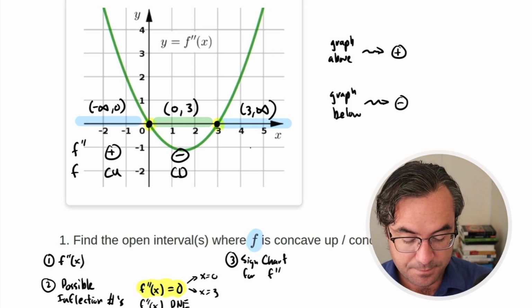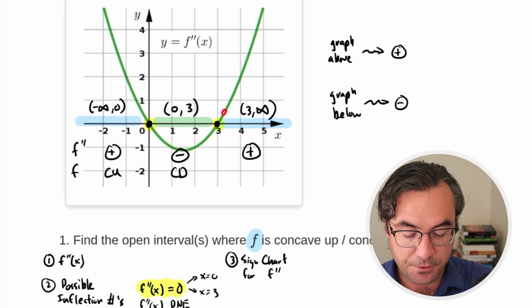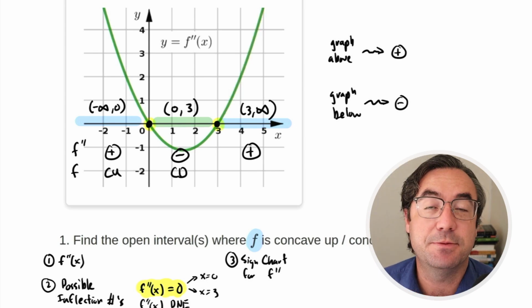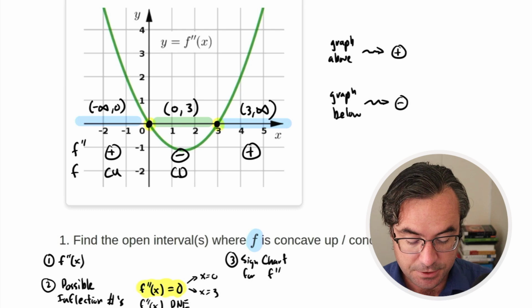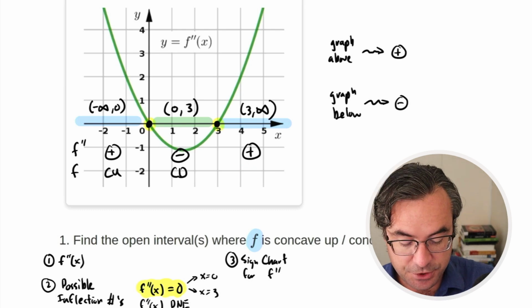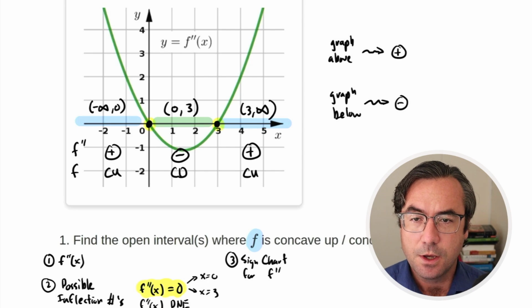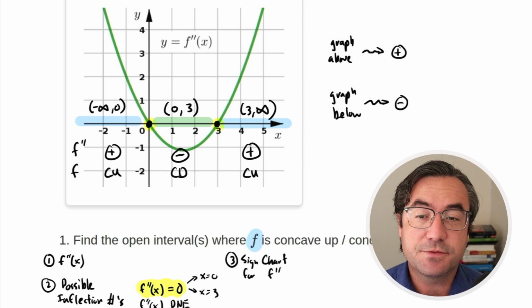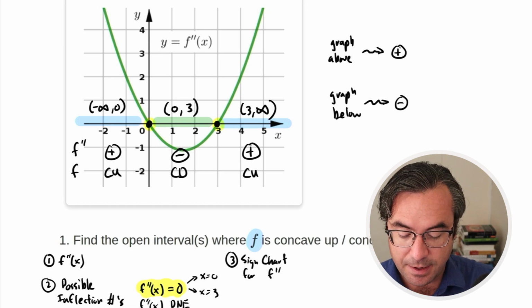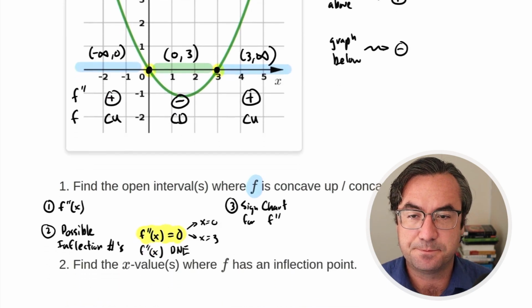Then on our last interval, the graph is back to being above, so the original function is concave up there. All right, so we found our intervals of concavity: concave up on the first interval and the last interval, and concave down in the middle.